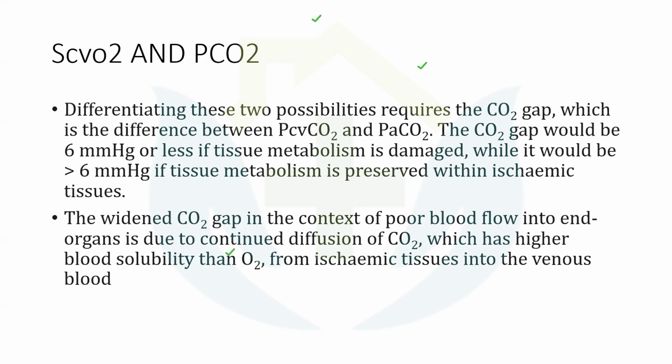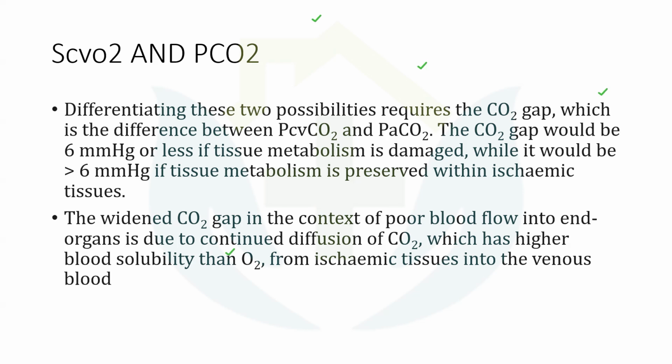There is a production of carbon dioxide which diffuses into the blood, and that is detected by PcvCO2. So the gap will be more. A widened carbon dioxide gap in the context of poor blood flow into the organ is due to continued diffusion of CO2, which has a higher blood solubility than oxygen, from the ischemic tissue to the venous blood.